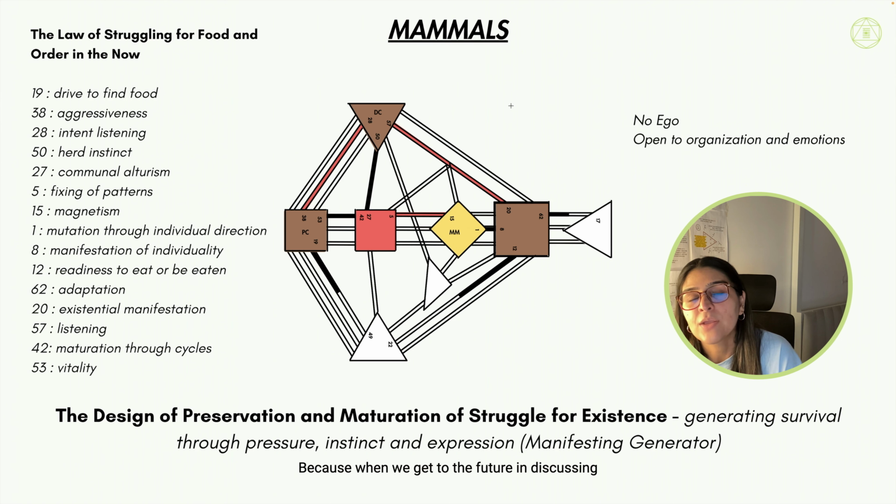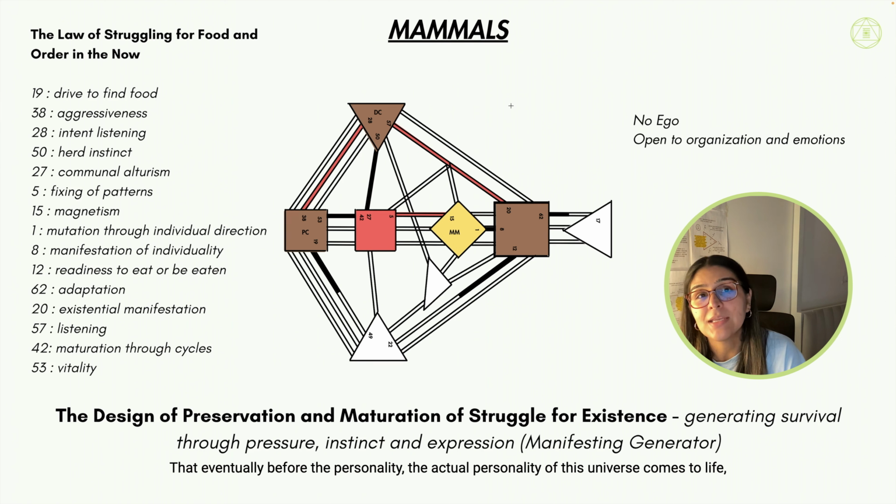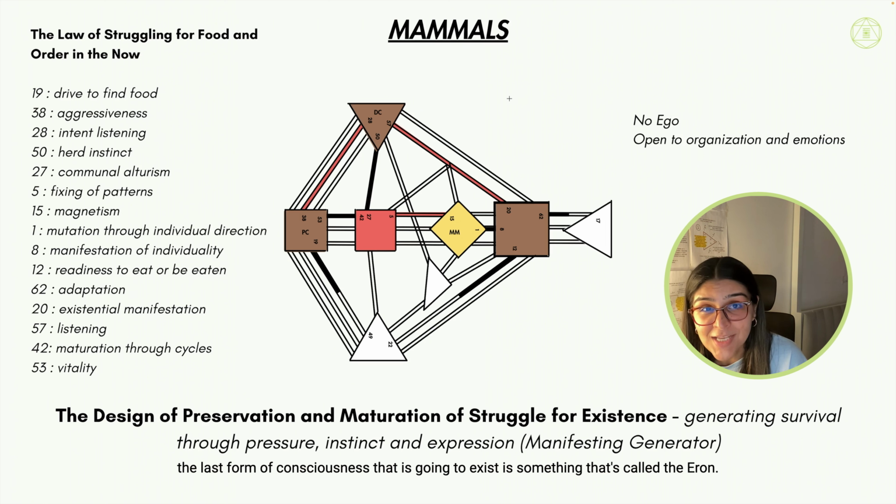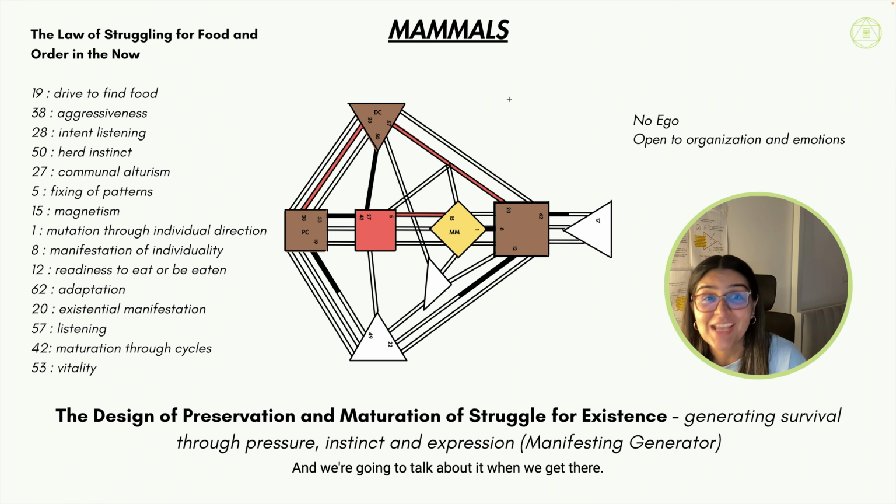Another really valuable point to mention here is that the relationship between human beings and mammals is actually very special, because when we get to the future and discuss the cosmology that the voice informed Ra about, eventually, before the actual personality of this universe comes to life, the last form of consciousness that is going to exist is something that's called the Eron, and we're going to talk about it when we get there.